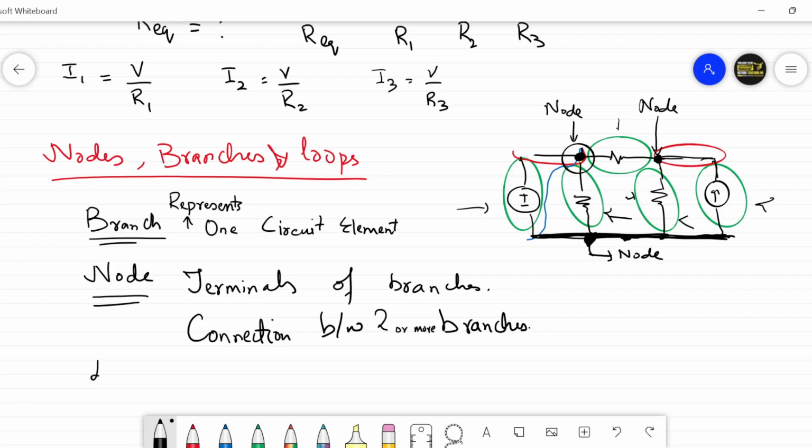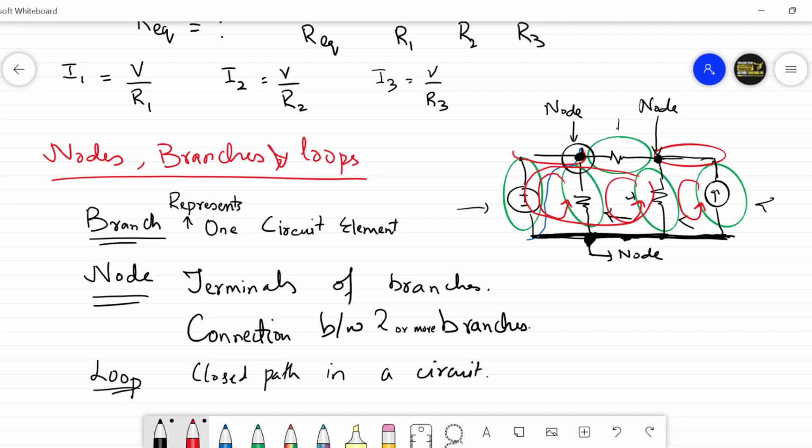Then you have finally a loop. Now a loop is a closed path. This particular circuit has a number of closed paths. This is one closed path. This is another closed path. This is a third closed path.